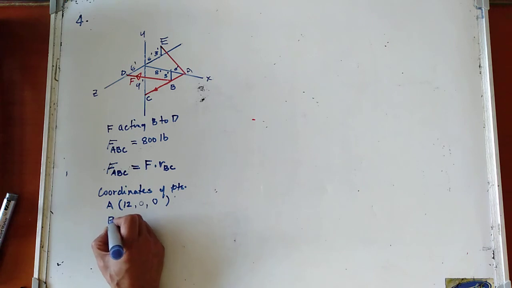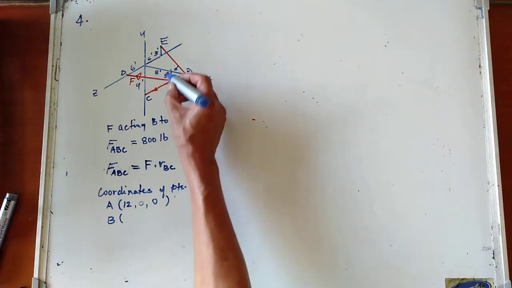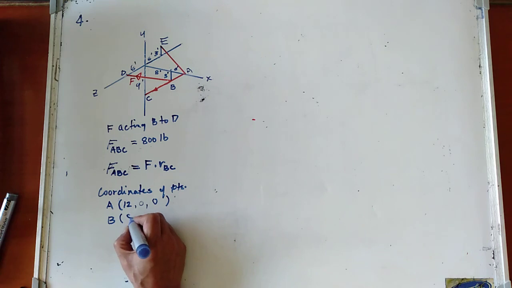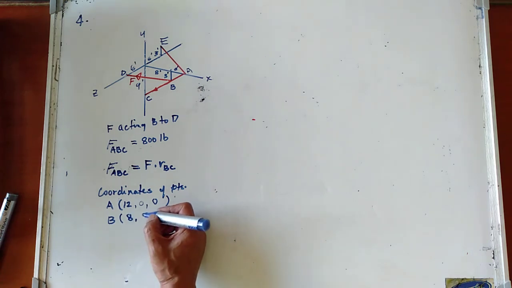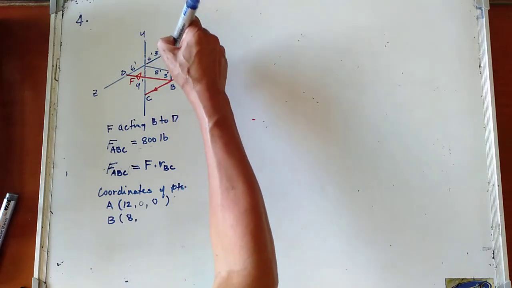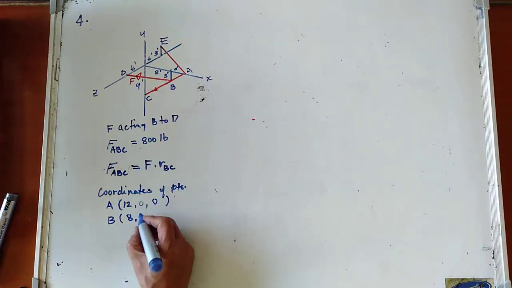Coordinates of point B: your x is equal to 8, and your y is below the origin, so it is equal to -3.